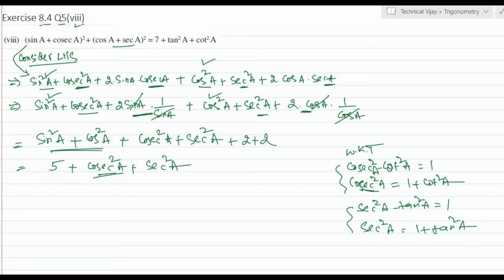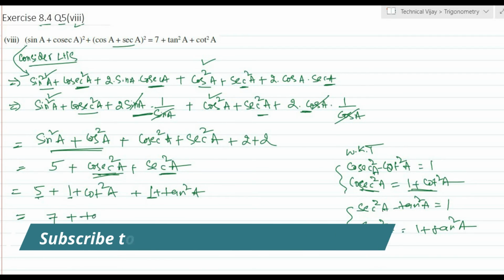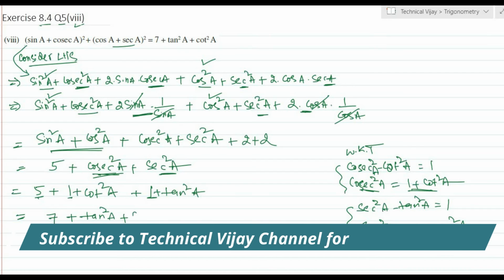Cosec square will be replaced as 1 plus cot square A, and sec square can be written as 1 plus tan square A. So 5 plus 1 plus 1, that is 7, plus tan square A plus cot square A. So this is equal to RHS. So this has been proved.